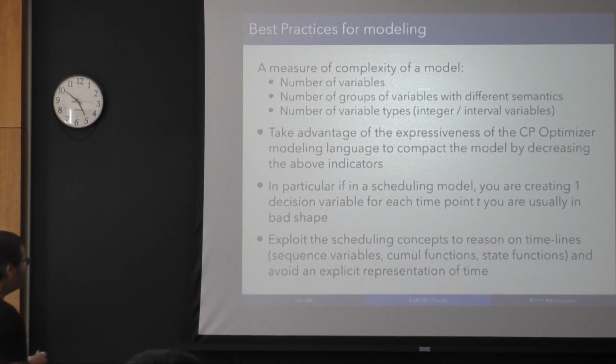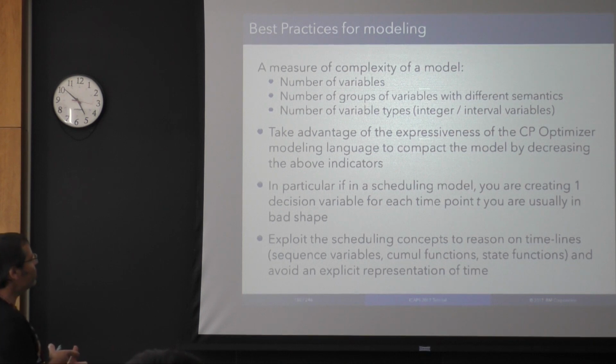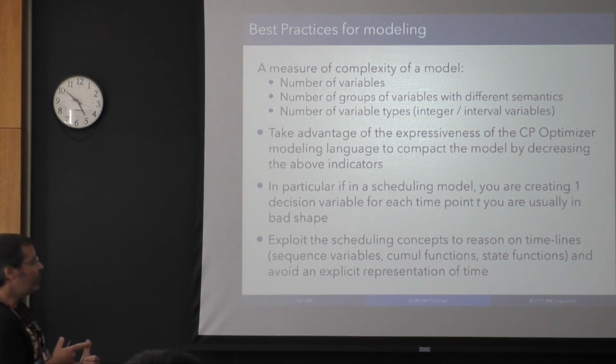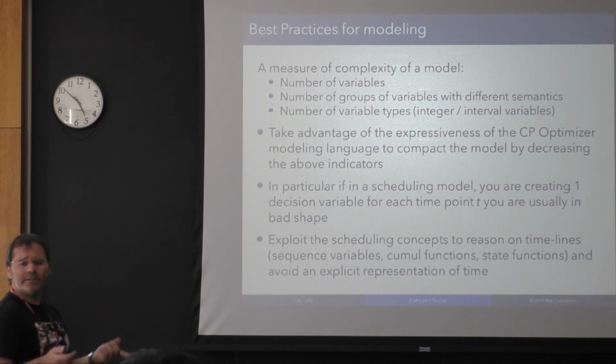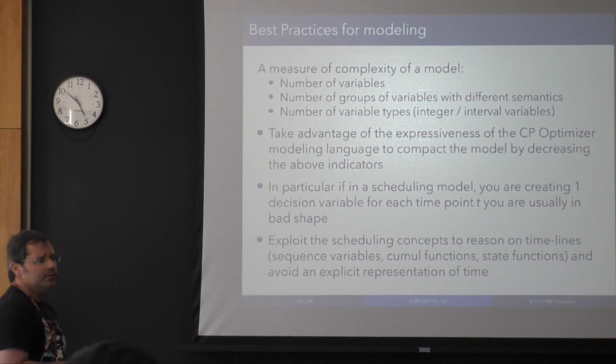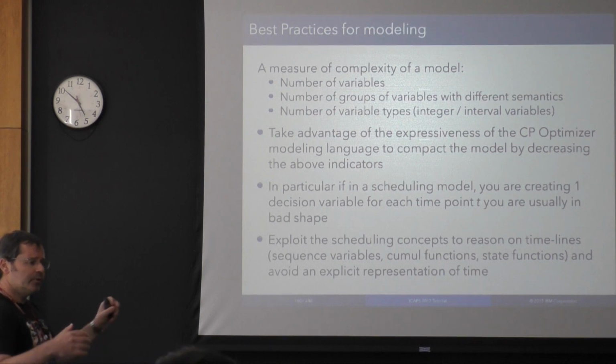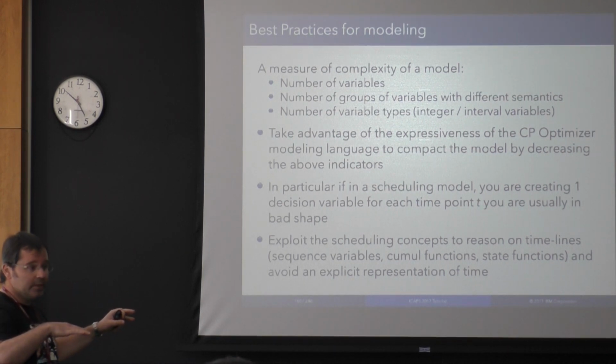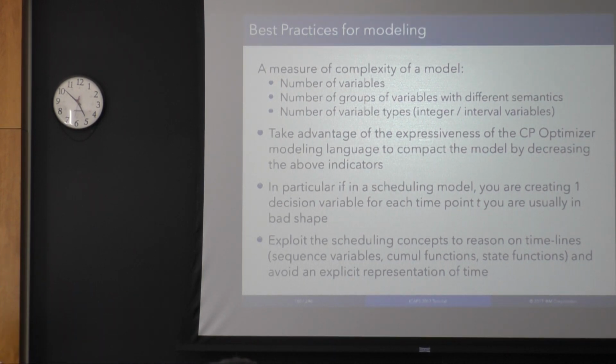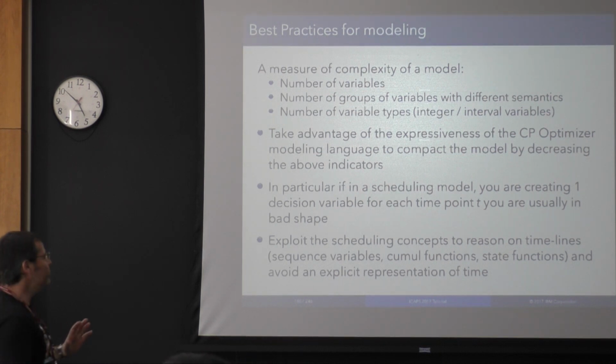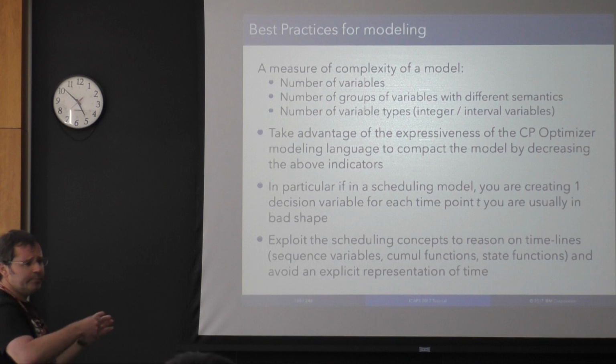Example. So one thing is that a measure of the complexity of the model is the number of variables, of course, the number of groups of variables with different semantics, because it maybe means that you have different sources of complexity in the problem, and sometimes it's harder to treat. The number of variable types: if you are using only interval variables, or if you mix integer variables with interval variables.